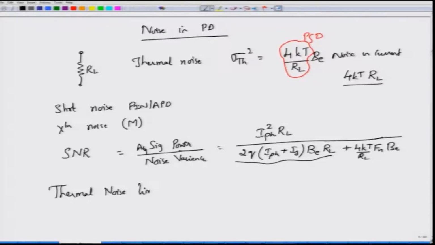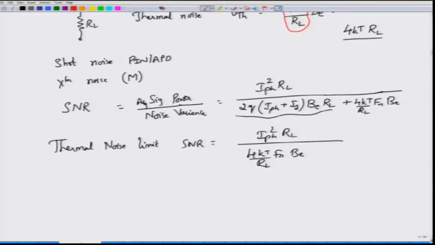So, in the thermal noise limit, we assume that the shot noise variance is small compared to the thermal noise, and the SNR becomes IPH squared RL divided by 4kT by RL Fn into BE, and you can see here that I multiplied by RL in the denominator and the numerator, but I forgot to remove this RL from this expression. Okay. So, it is 4kT by RL Fn BE, but there is no RL originally in the shot noise variance, correct. Shot noise variance is 2q(IPH plus ID) into BE.